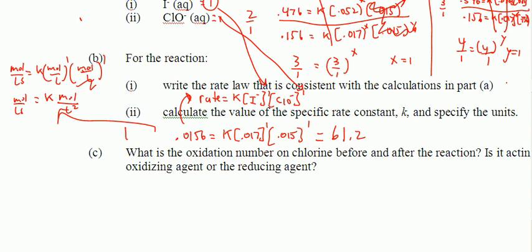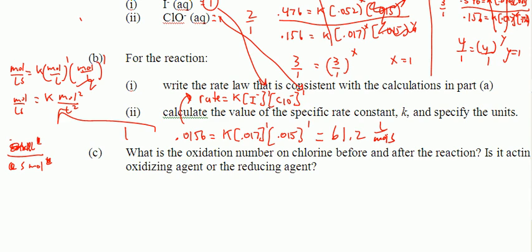So you rearrange this and you get moles liters squared over liters second moles squared. This goes, this goes, this goes, this goes, and it ends up being liters per mole second.